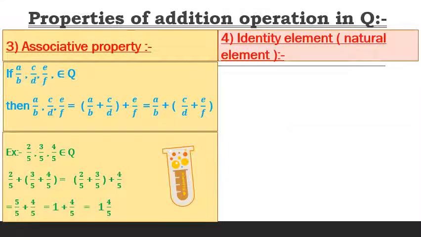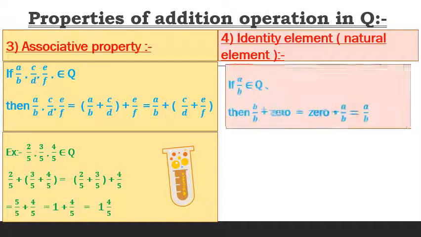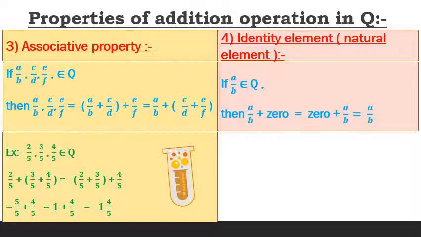Number 4 of the properties, identity element. What is the meaning of identity element? When we add 0 to any rational number, the value of this number doesn't change.